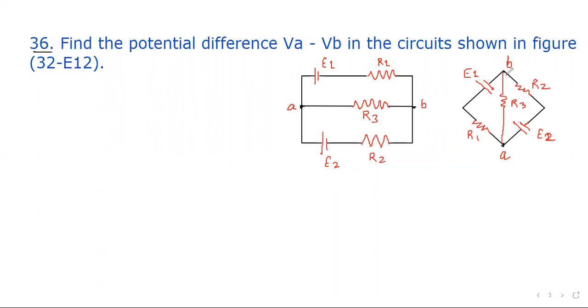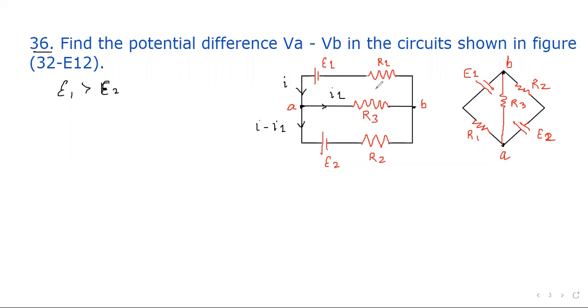We have to find VA minus VB in the two cases. So let's consider this case. Suppose we assume that E1 is greater than E2. So E1 is sending current I, and suppose I1 current enters this branch, then the remaining current I minus I1 will enter through this resistor.